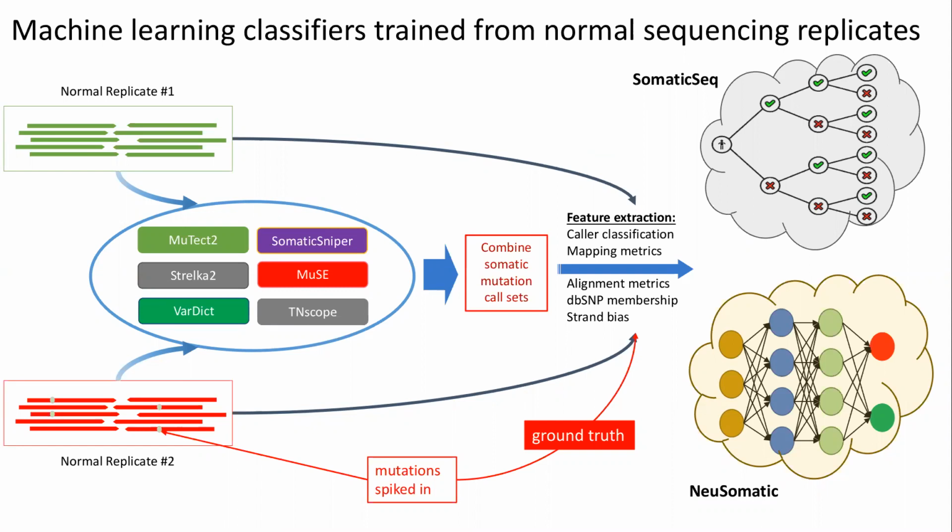For NeuSomatic, we actually combine all of the training data into a single classifier, well, one single classifier for each aligner, and that has SNVs and indels both in it. So we actually use three different NeuSomatic classifiers, one for each aligner. And Mohammed will talk more in detail about NeuSomatic in about a month.